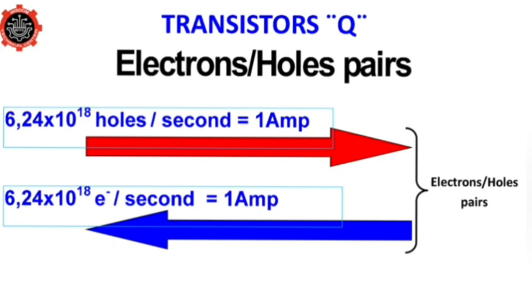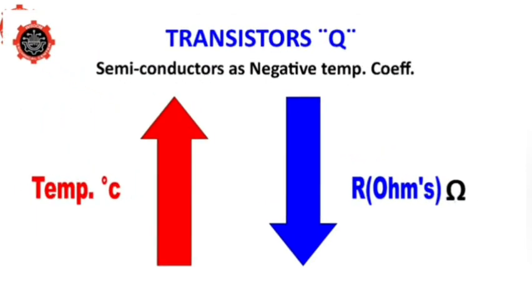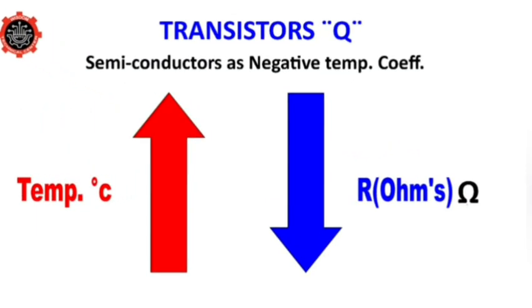I want you to understand the concept of a hole as just the absence of the electron. The amount of current flow in a semiconductor is determined by the number of electron-hole pairs. The ability of a semiconductor to support electric current flow increases with the temperature of the material, because as the temperature rises, the resistance drops.